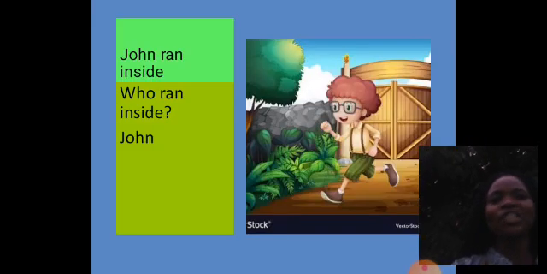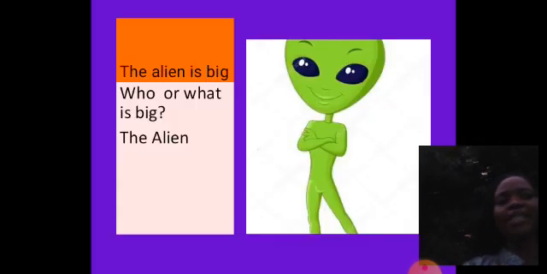Okay, the next one says, John ran inside. The question is, who ran inside? John. So John is the subject of the sentence, or John is the naming part in the sentence.